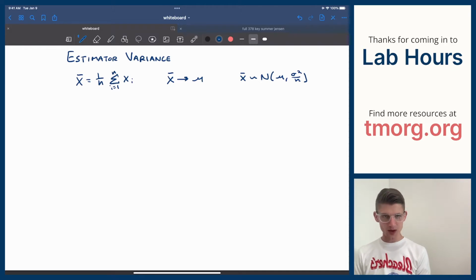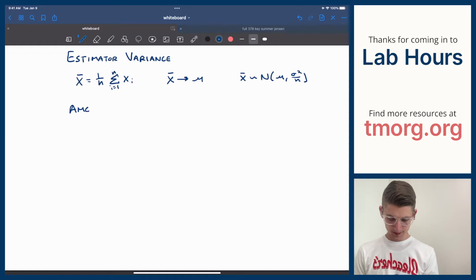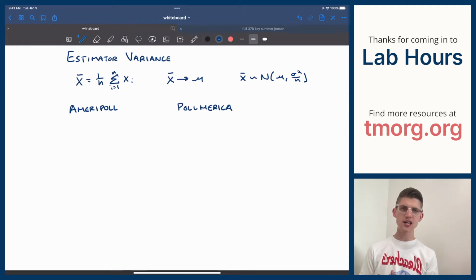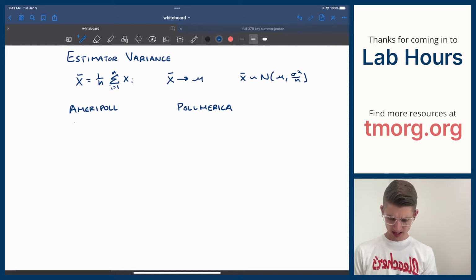Say, for example, you have two polling services, Ameripoll and Pollmerica. Both of these institutions are interested in finding out the average number of bananas that a U.S. citizen eats in a year. So let's say that Ameripoll surveys 5,000 people across the United States.